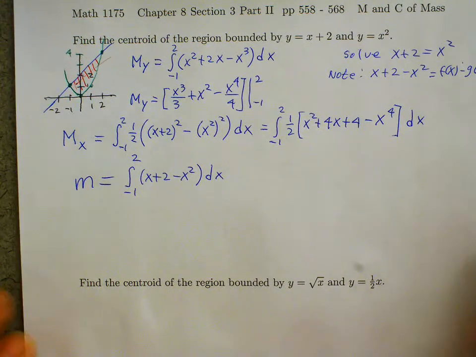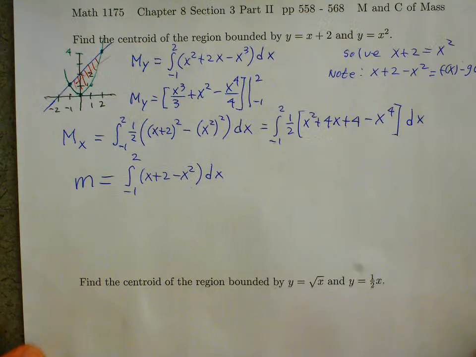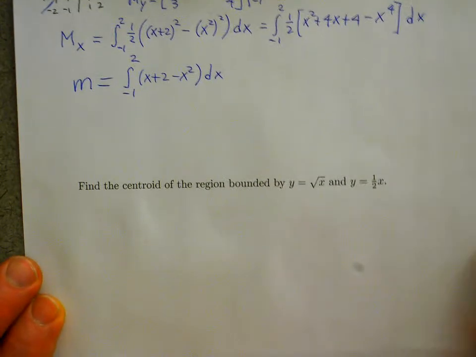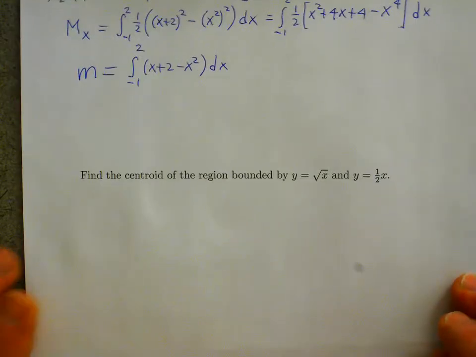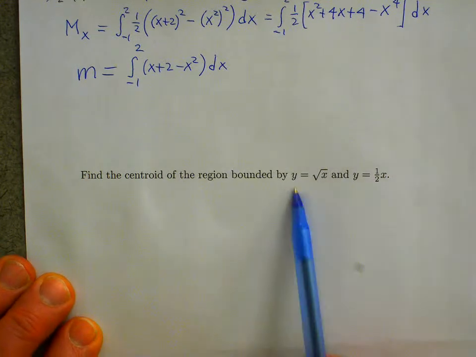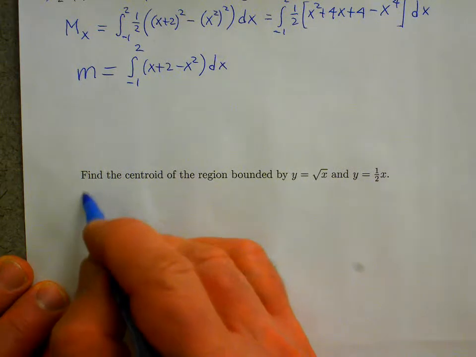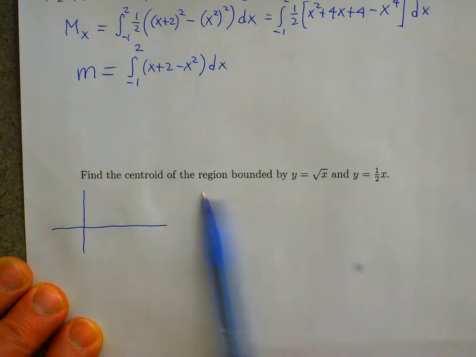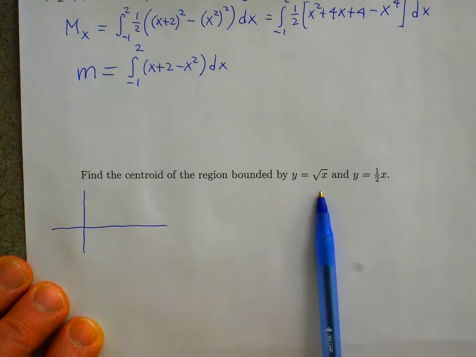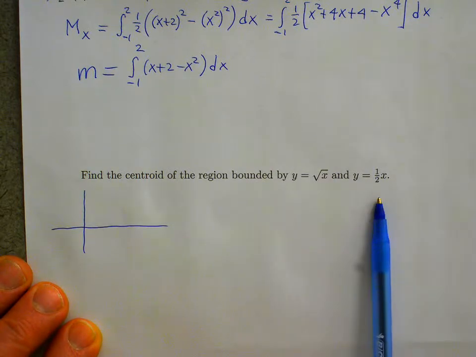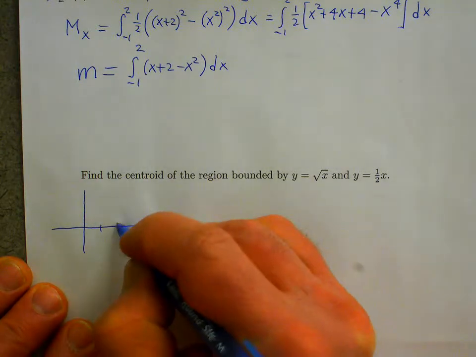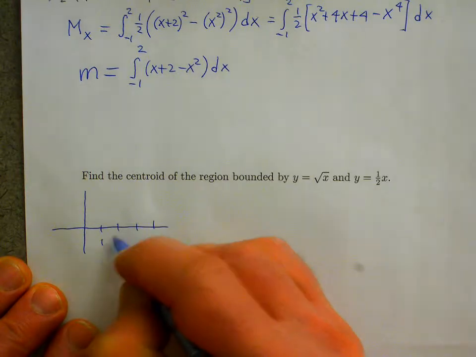There's just a couple of minutes left, so we can perhaps at least get started on this last example. Find the centroid of the region bounded by y equals the square root of x and y equals 1/2 x.